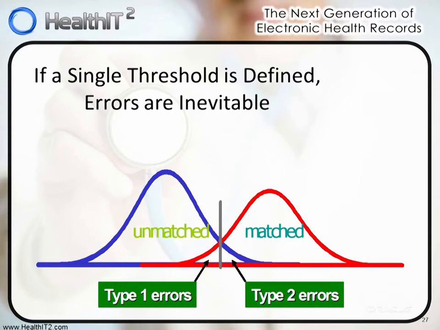So if we just drew a line down the middle and said, okay, if we're above a certain score, we make a match, and we're below, we don't make a match, what happens is you create two areas of statistical error: type 1 errors and type 2 errors, which are basically false positives and false negatives.